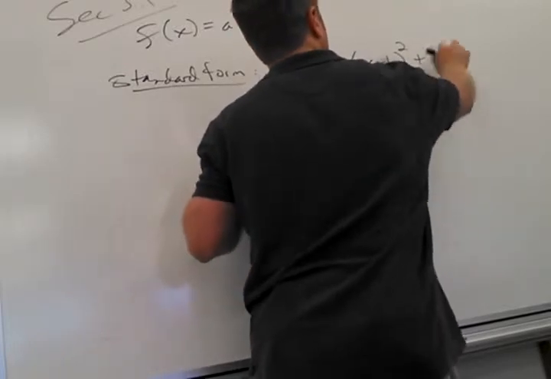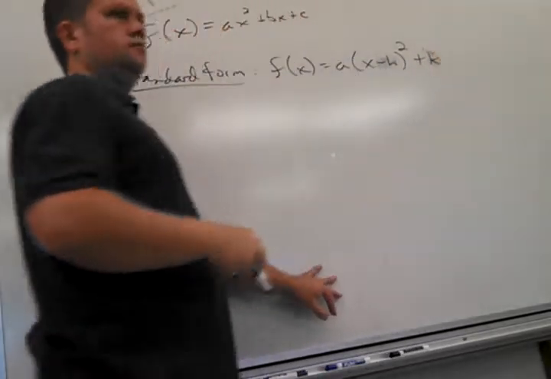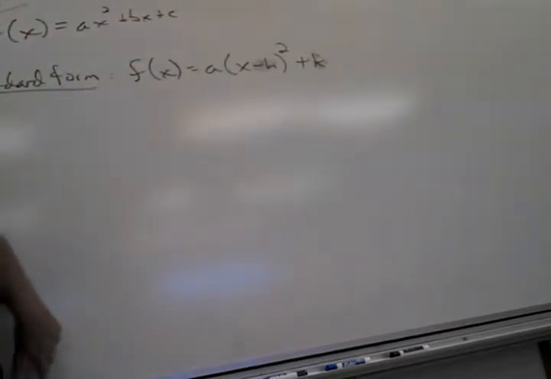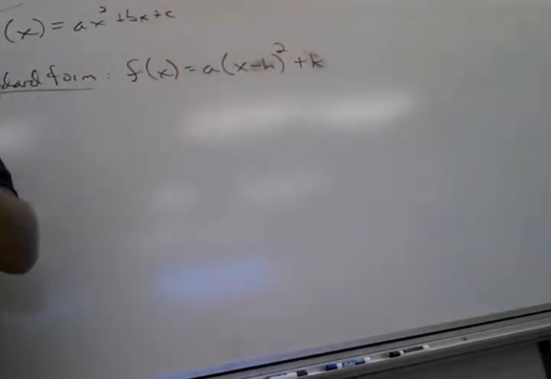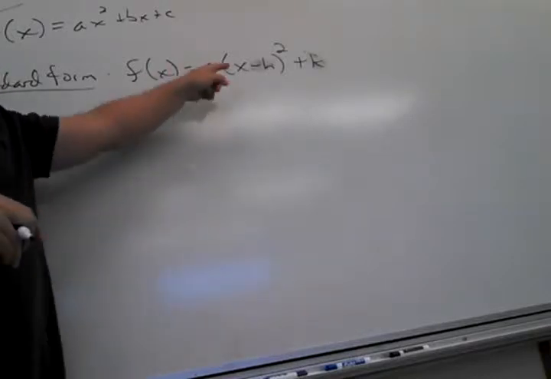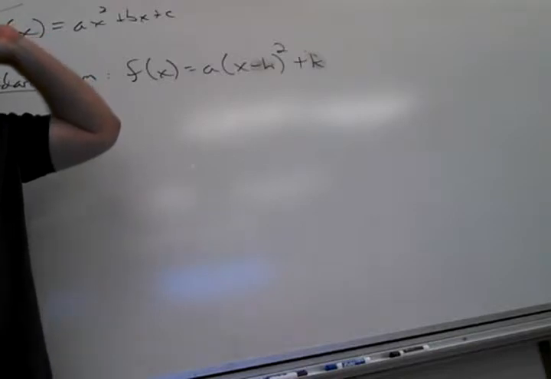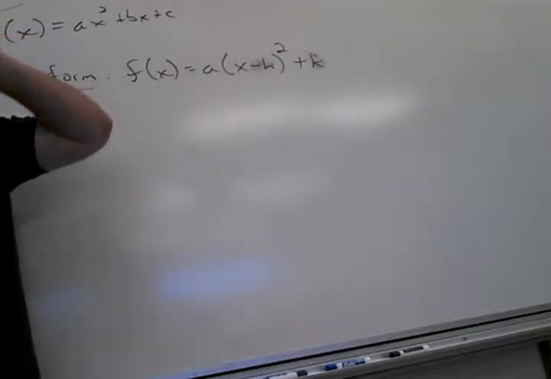It's like this. That's the standard form for a parabola. It's sort of related to mx plus b for a line. Because in this form, I could tell the most important things about the parabola.